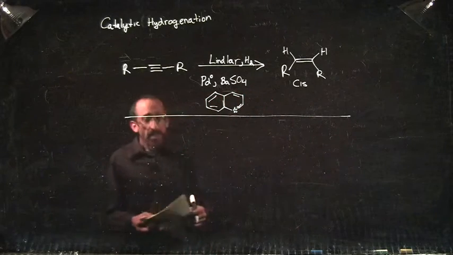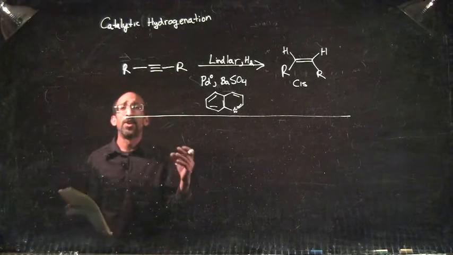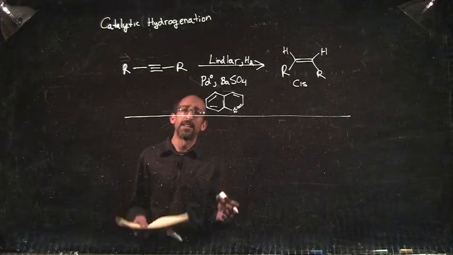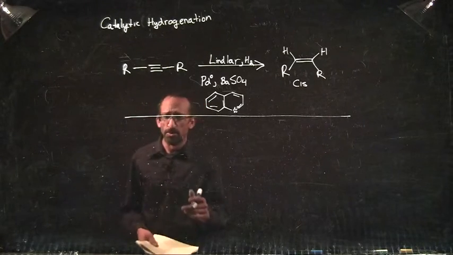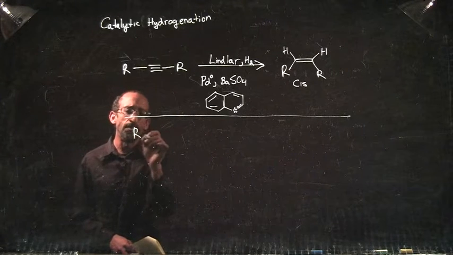Okay, so we've seen a few different catalytic hydrogenations that involve carbon-carbon pi bonds. Now we're going to take a look at some catalytic hydrogenations that involve nitrogen-based functional groups. So here there are three that we need to be aware of.